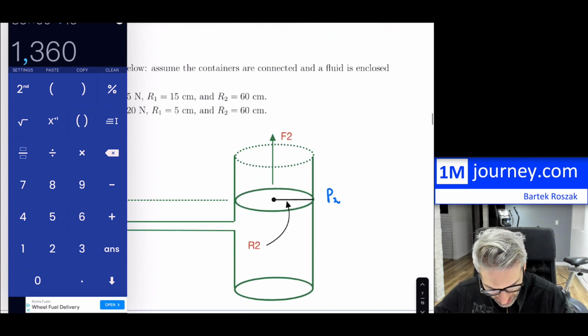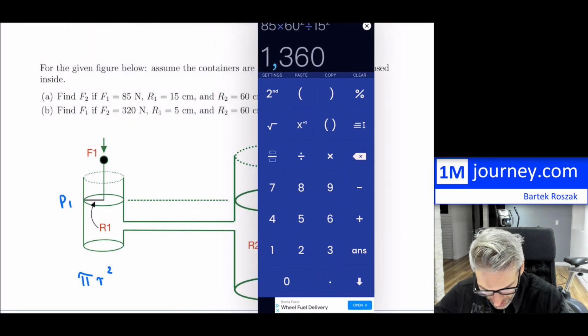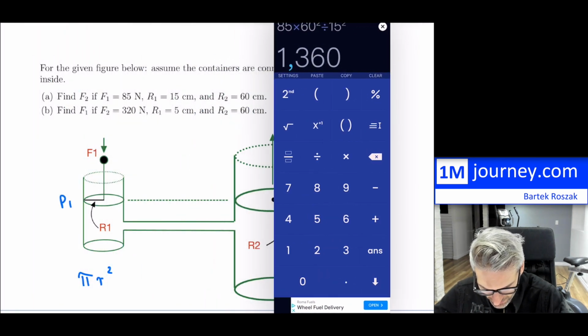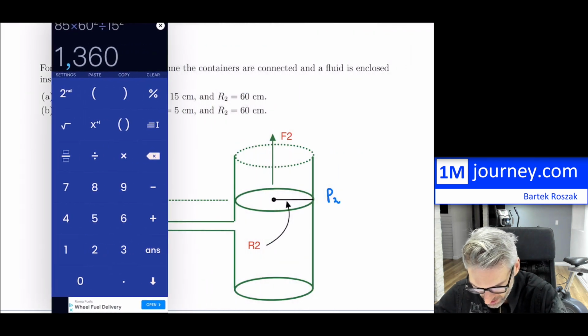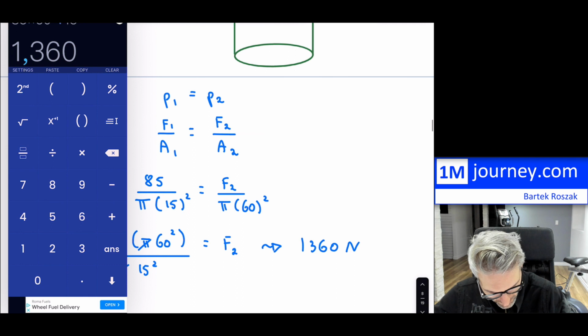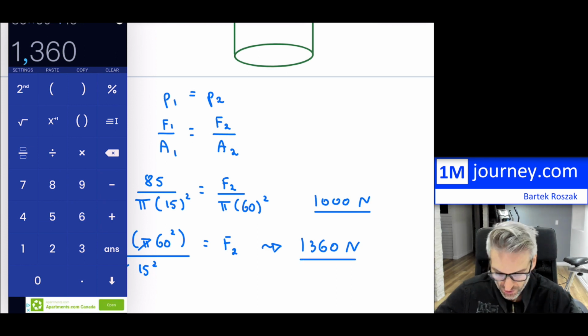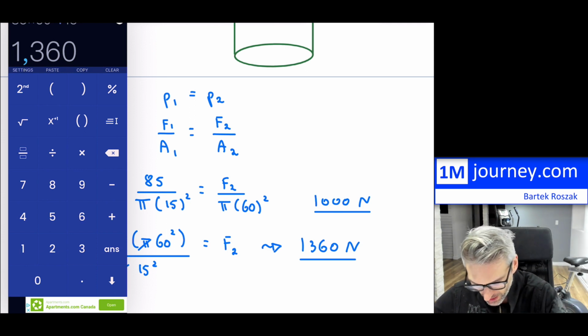Now they don't really tell us how to round, so you can round to whatever you like. One significant figure, I guess, is the maximum here. If it was 1 sig fig, it would have been just 1000 newtons, but you can round to whatever you like. I'm actually going to leave it like this. So you can check your answers as well. All right, so that would have been part A.